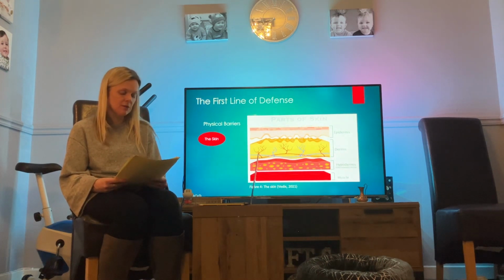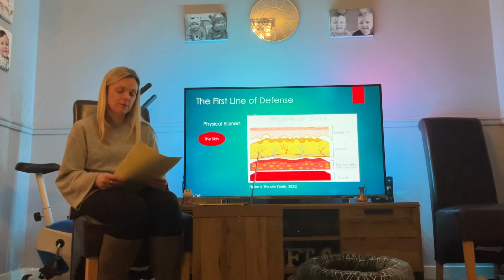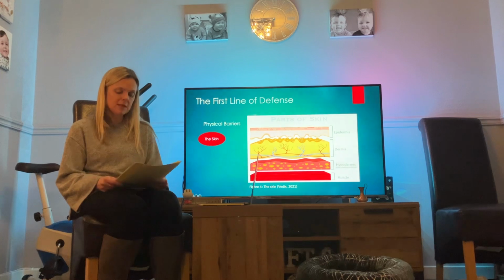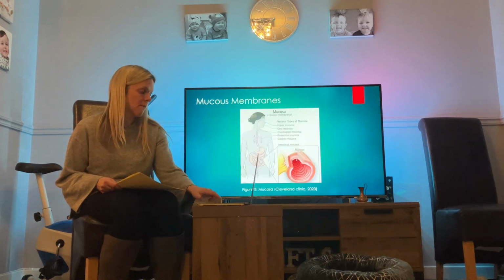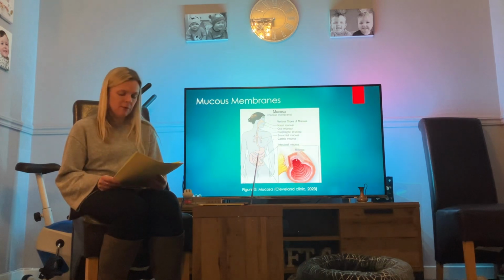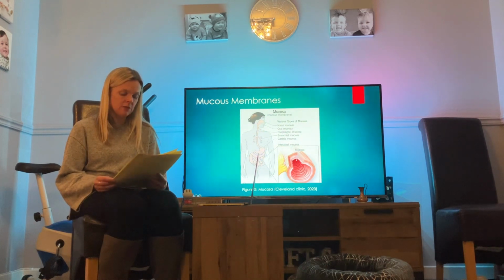This slide shows the 3 different layers of skin: the epidermis, the dermis and the hypodermis. As long as the skin remains undamaged, it serves as an extremely effective first line of defence. Mucous membranes, also known as mucosa, are the membranes in charge of filtering out unwanted allergens, pathogens and any other substance posing a threat to the body while still letting nutrients in.